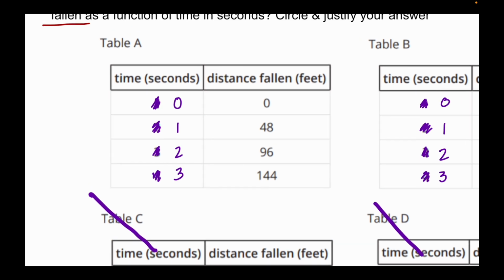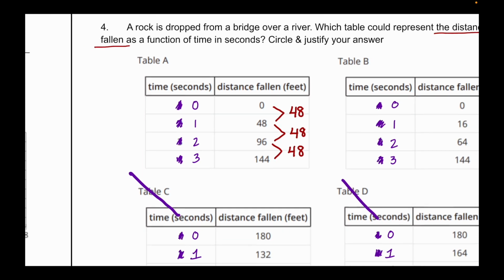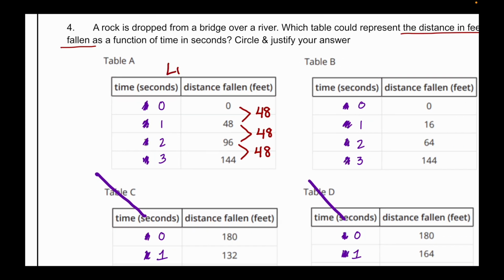And difference is just a mathematical way of saying subtracting between these two numbers. So the difference here is 48. It's going up by 48. We kind of use the difference when we look at slope, so you can think of it that way. If I find the difference between 48 and 96, that also turns out to be 48. And if we look at the difference between 96 and 144, that's also 48. So table A, this one is actually linear.